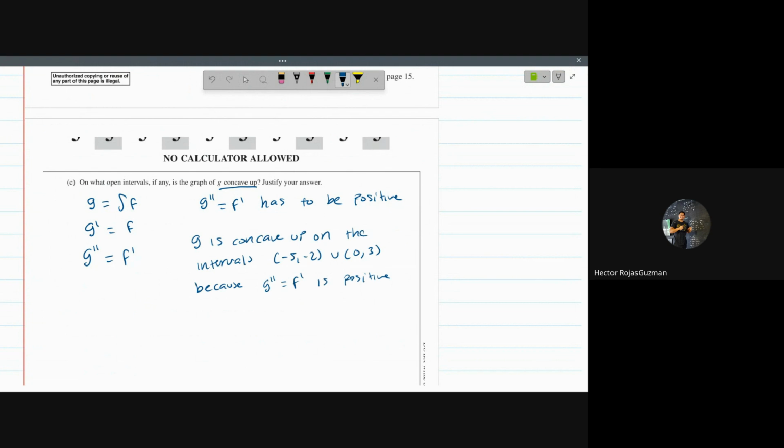In other words, f is increasing, right? The slope of f is increasing.